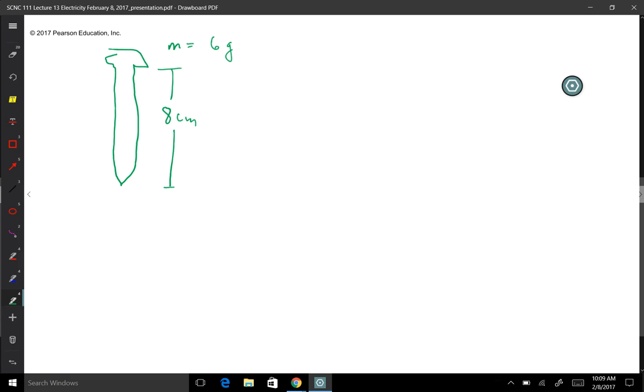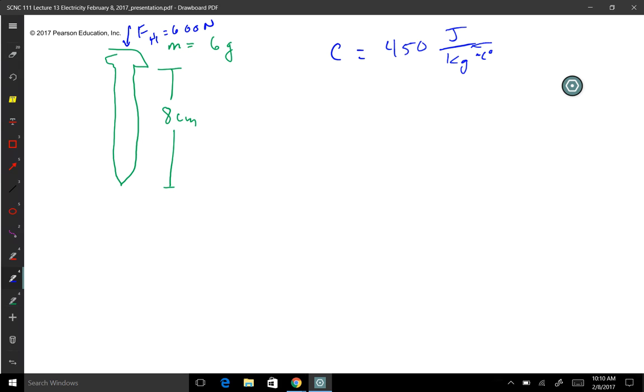And we have additional information. Force of the hammer is 600 newtons. And it says, assume the specific heat of iron is 450 joules per kilogram. It should be, again, Celsius degrees because it's a change in temperature. You'll see, everybody puts degrees Celsius, not Celsius degrees. And then we have to solve it.